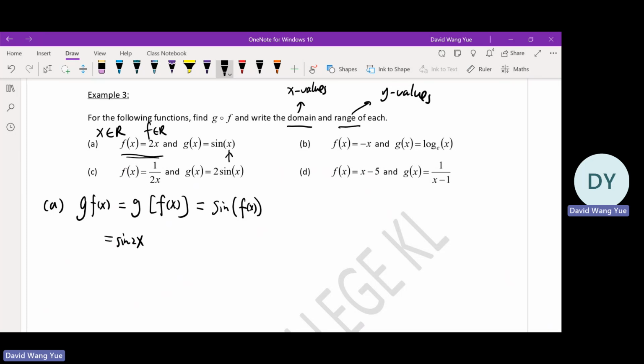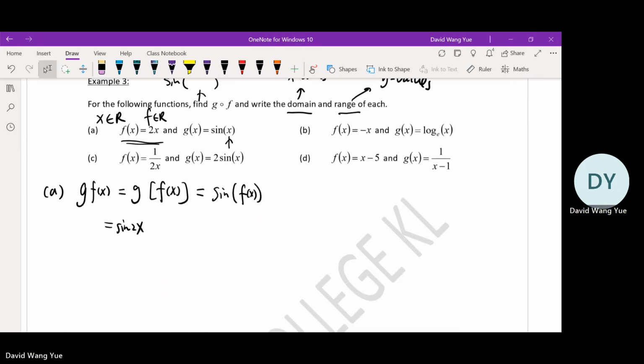As we showed in the previous graph, the angle size that you can substitute into the sine function is any real number. So in this case, the domain is any real number.